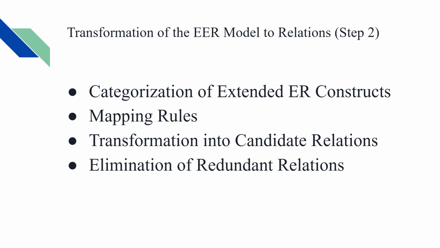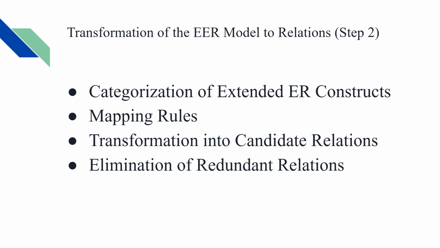So, coming to the transformation of the extended entity relationship model to relations, the second step in the methodology transforms the extended entity relationship model into a set of candidate relations, which are essentially tables in the relational database.